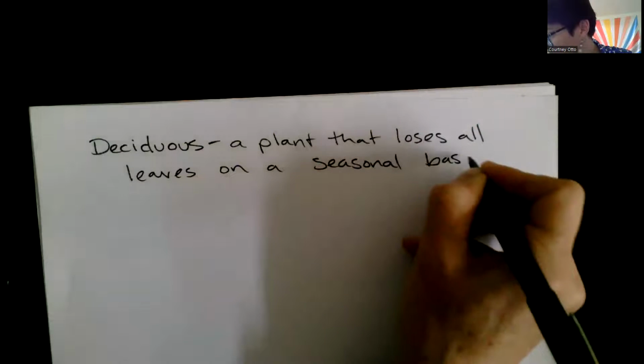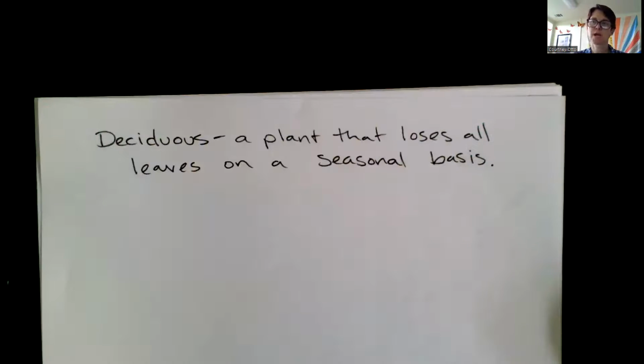And when plants lose their leaves, it's typically in winter, right? In winter, deciduous plants are going to shed their leaves. They're going to be what we call naked in the sense that they don't have any leaves attached to them. And you can see these kind of leafless twigs.